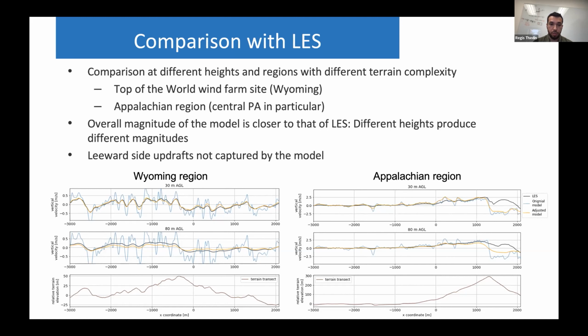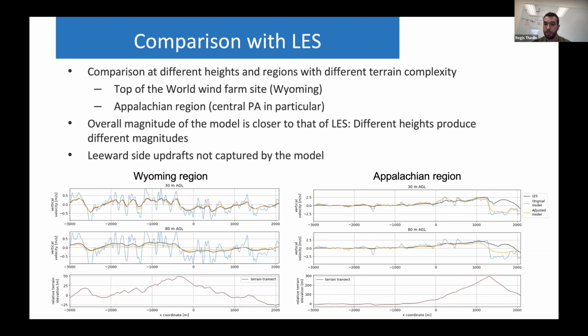If you pay attention to the blue curve, it doesn't change a lot between the 30 and 80, and that's because there's no correction for height. Looking at the right plots, the Appalachian region, there's a lot of area there, up to the coordinate of 0, that is not very steep, so the terrain is kind of similar to Wyoming. And then we have the 300 meter high mountain, and you can see the updrafts go up to 2.5 meters per second.